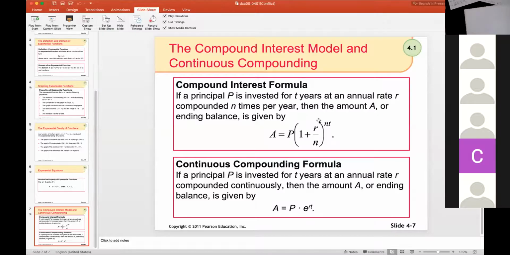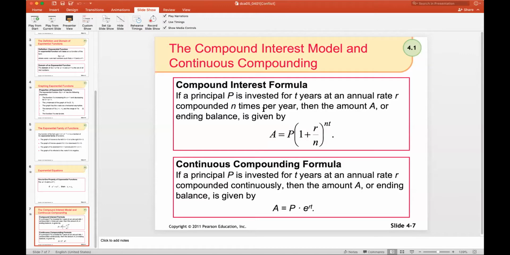And then the last one, compound interest. You see compound interest right there. So what's compound interest?